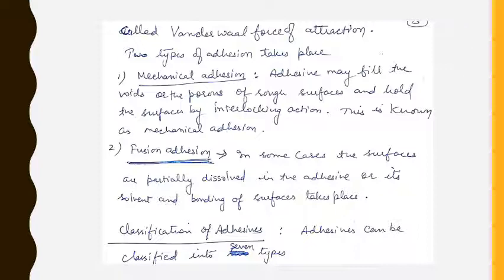So we can say two types of adhesive action are possible. The first is mechanical adhesion and the second one is fusion adhesion. The adhesive may fill the voids or pores of rough surfaces and hold the surfaces by interlocking action, and this is called mechanical adhesion. When there are depressions or pores in the surface, the adhesive fills the gaps or pores, forming an interlocking action.